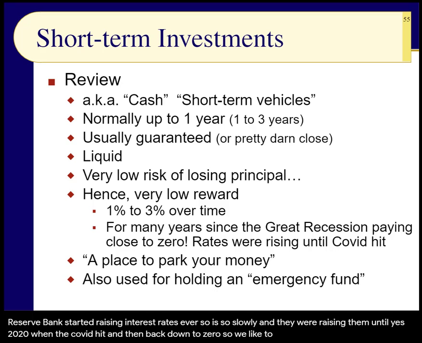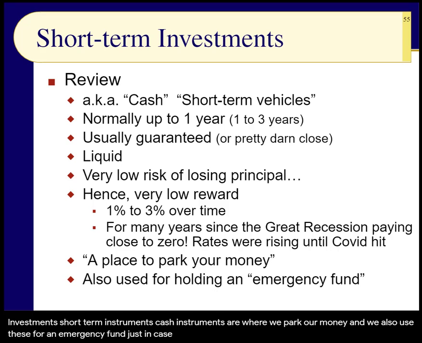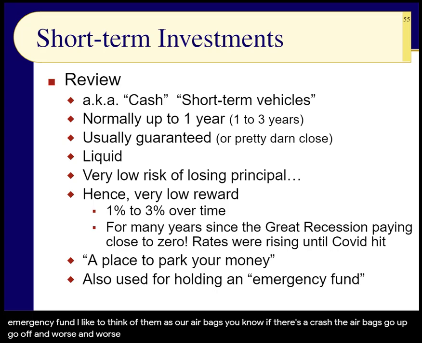So we like to say that the short-term instruments, cash instruments, are where we park our money. We also use these for an emergency fund, just in case the world goes into a crash or whatever. Instead of the emergency fund, I like to think of them as our airbags. If there's a crash, the airbags go off, and we're basically cushioned from the blow.